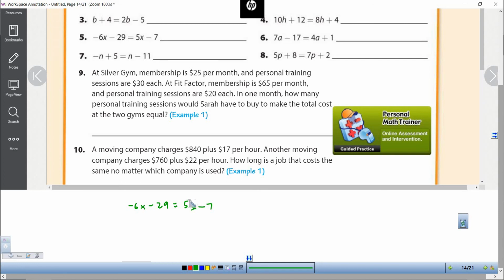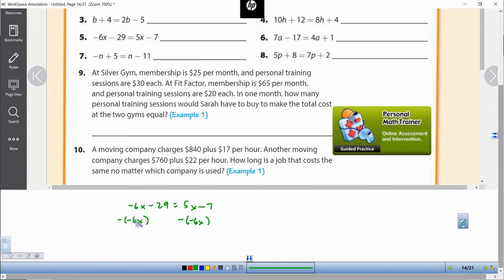This is where it gets a little bit tricky, because if I ask what's smaller, 5 or 6, 5 is smaller. But if I ask what's smaller, negative 6 or negative 5, negative 6 is smaller. So remember what I said: take away the smaller one from both sides.